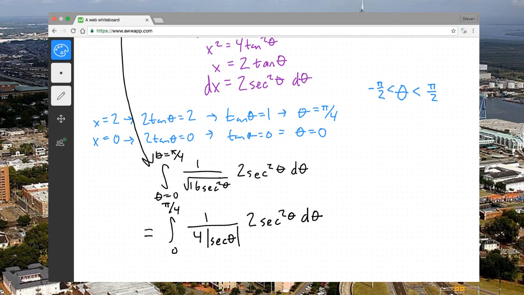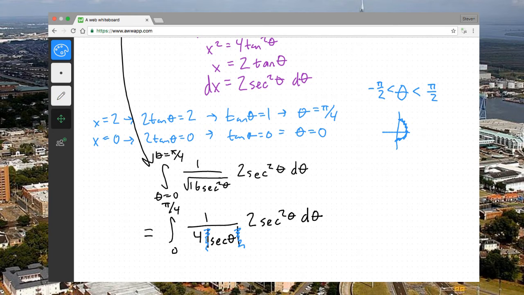In fact, in this problem it's between 0 and pi over 4. In either case, the cosine, and therefore the secant function, is always positive on that interval. Between negative pi over 2 and positive pi over 2, the x value of the unit circle is positive. Therefore, the absolute value signs can be scratched out or erased.